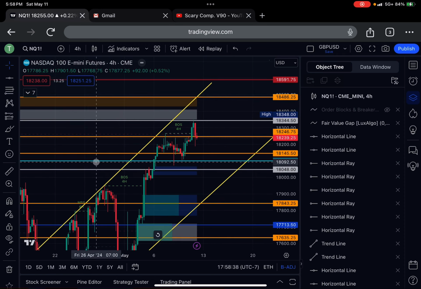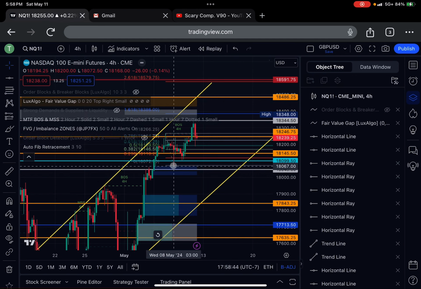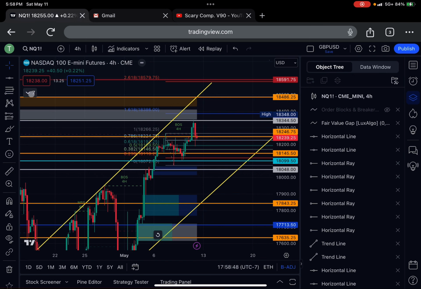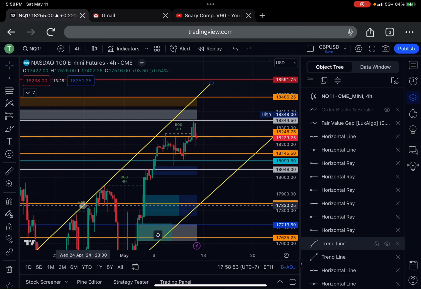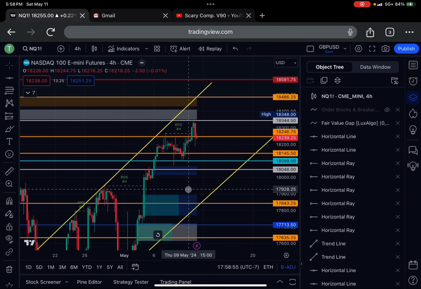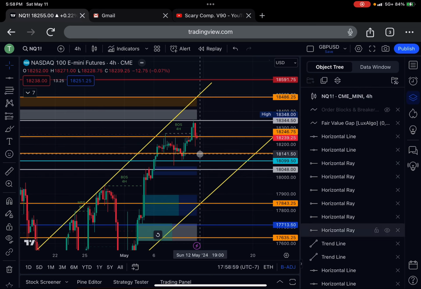So this light blue one, if you guys use this auto fib retracement, I use it now to trace points of the daily to determine another point of interest where price possibly might go. We came down, we shot up, came back down, and we're now back in.